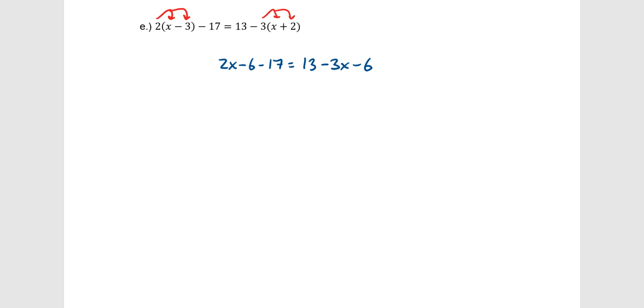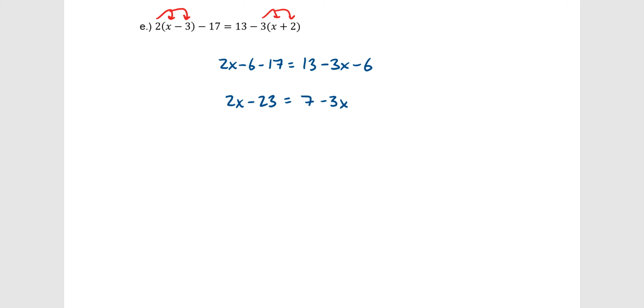And now we have to combine like terms. So on the left, we have negative 6 minus 17. That gives us 2x minus 23. On the right, we have 13 minus 6, which is going to give us 7. So that's 7 minus 3x. And now we need to get all the variables on one side, constants on the other side.